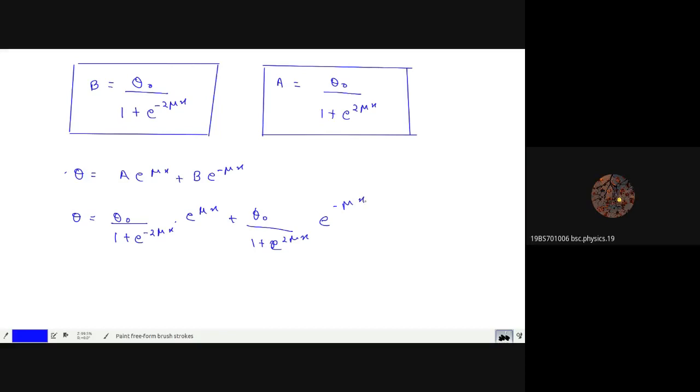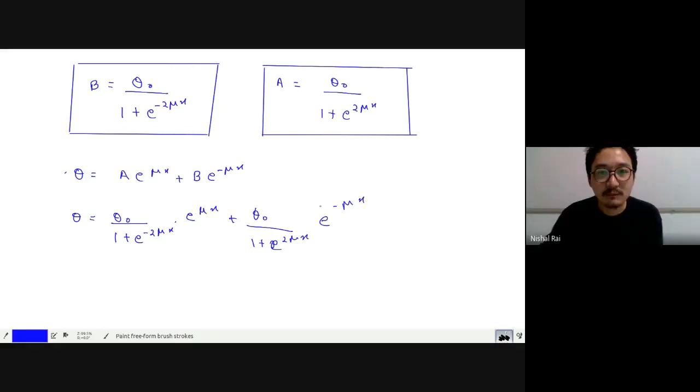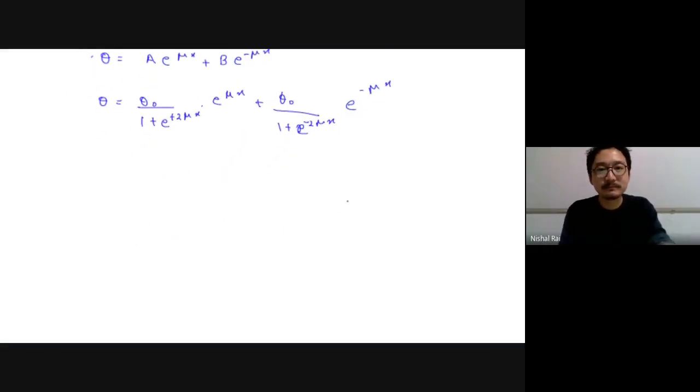Sir, this was B positive, and for negative... B was negative, minus 2x, right? Okay. I'm extremely sorry. This will be positive. This will be negative. Now theta naught, we can take it out common.